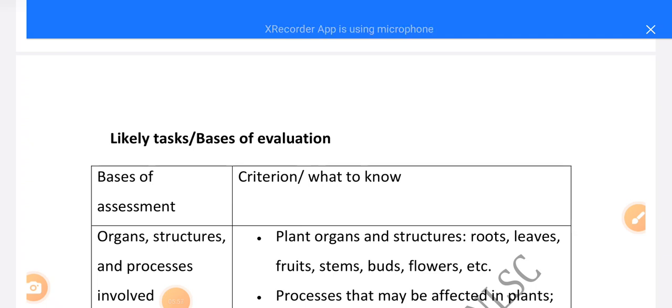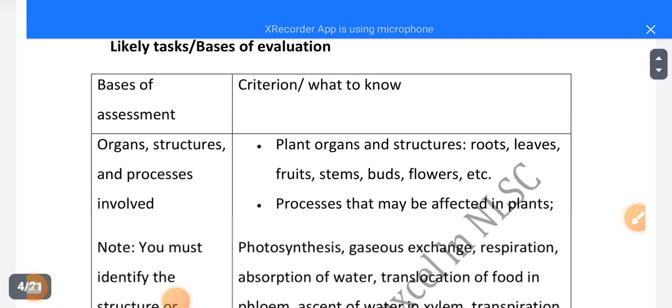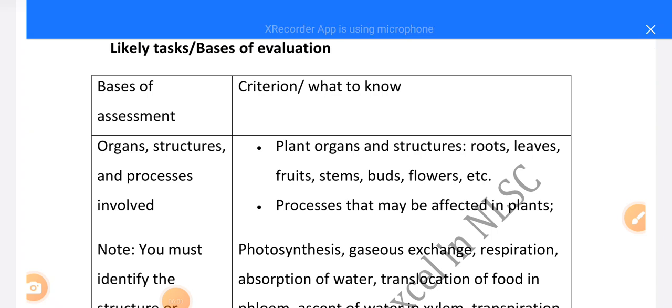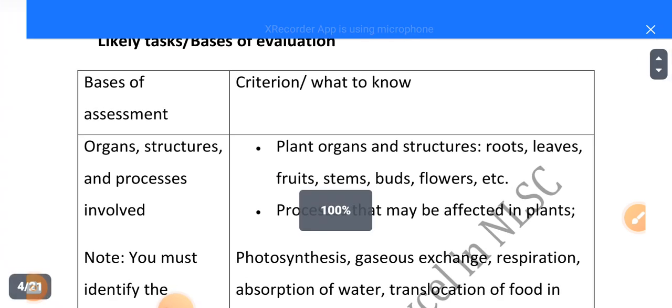Now, from there, we can continue after seeing the challenges which we have been taking you through. They can ask you about, like, letter 6 or basis of evolution. Now, when we talk about the basis of assessment, here is what to know as a student who wants to excel in biology.